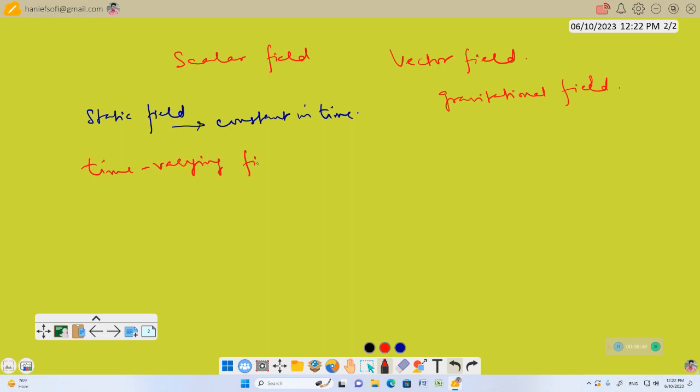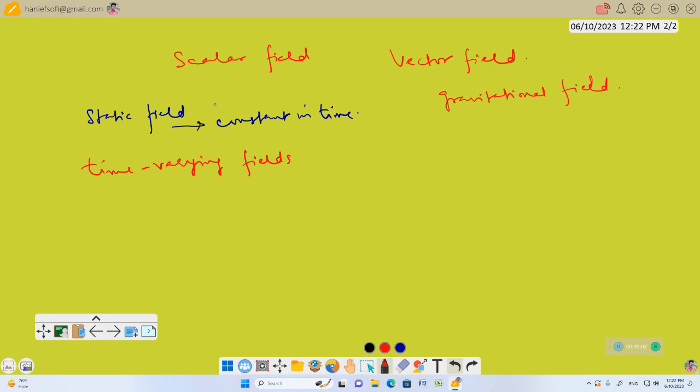Time varying fields are understood to be those fields which vary in time. That means if the values of the physical quantity in the space change with time, then the field is time varying, and if the values of the physical quantity in question in the concerned space don't change with time, then the field is a static field.